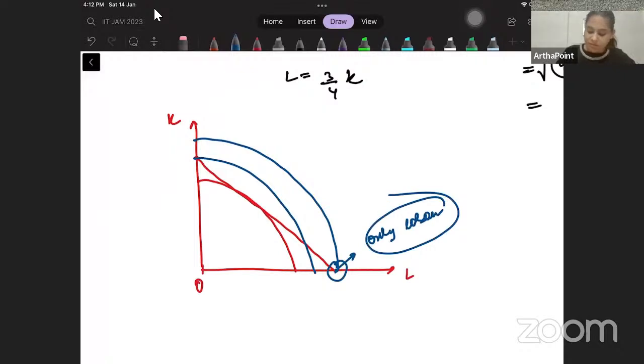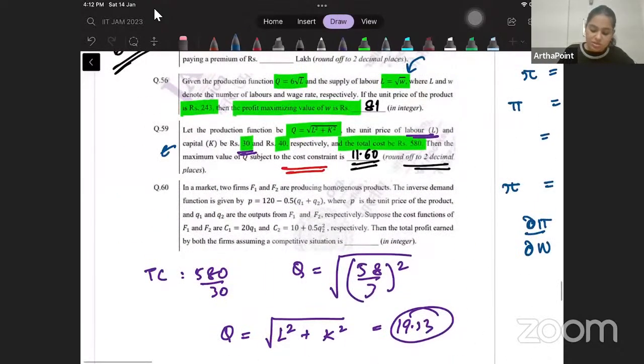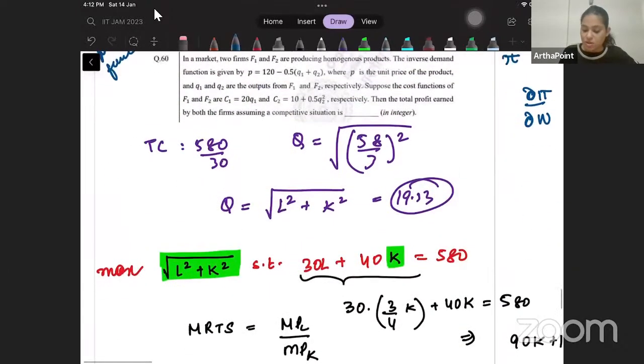You're correct. Let's make a correction to this. We should not be using MRTS in this case, and we should only be using labor since this is a concave production function. Just use labor and put K to 0. Thank you. That's correct. That will make more sense.